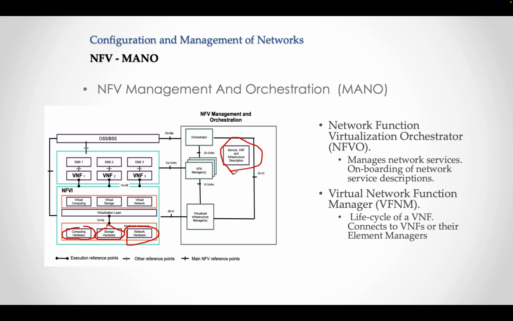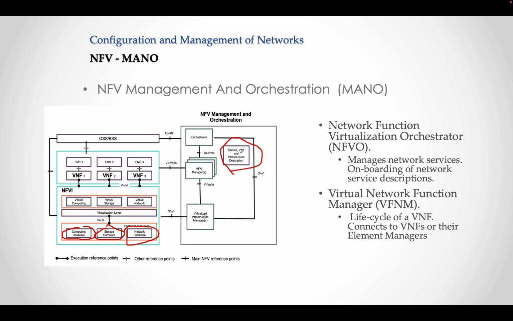For example, it might say that I need 4 virtualized network functions, that they need to be connected in the order 4, 2, 3, 1, and that the connection from 4 to 1 must have X megabits of bandwidth, the connection from 2 to 3 must have less than X milliseconds of delay, and so on. Okay, this is what is in this service and infrastructure description.